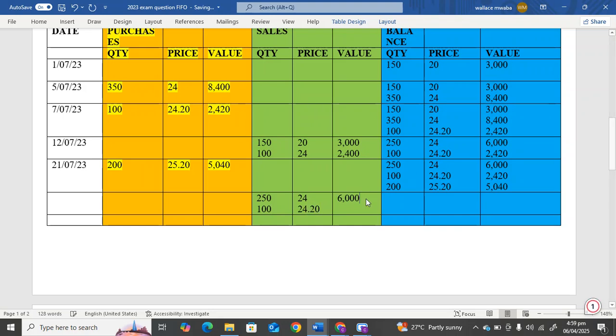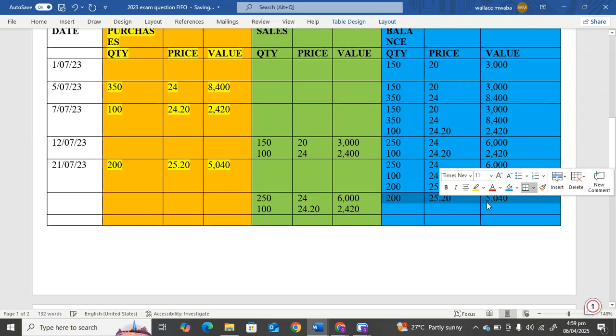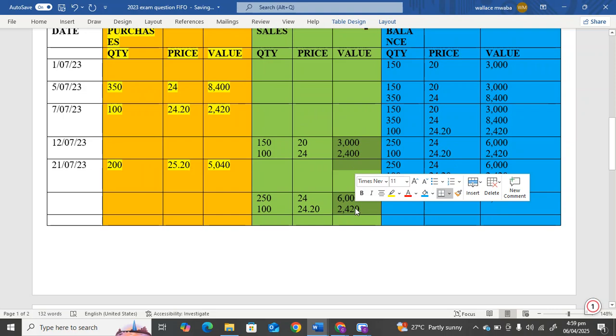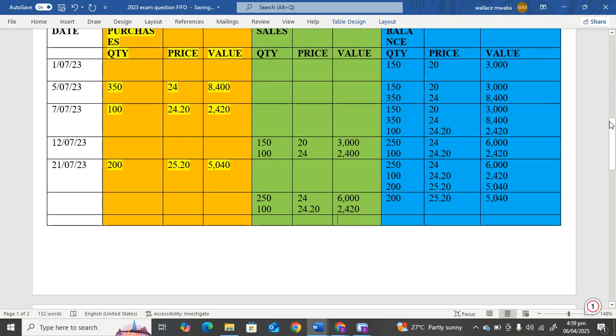Yes, we remain with 200 goods valued at 25.20, which is 5,040. So that is the value of the closing inventory. Cost of goods sold, you just add up these numbers here to get the cost of goods sold.